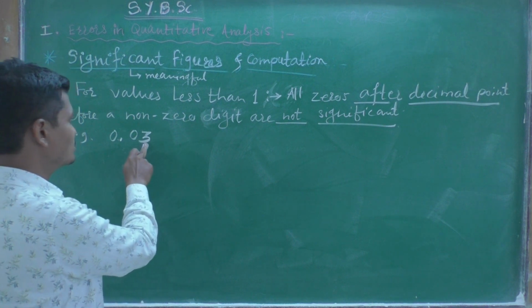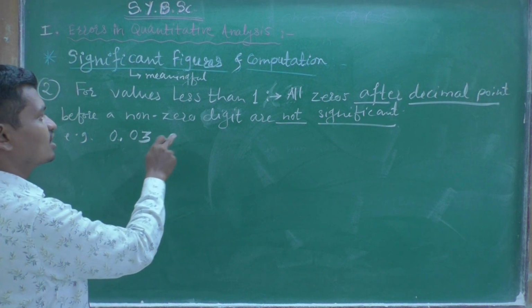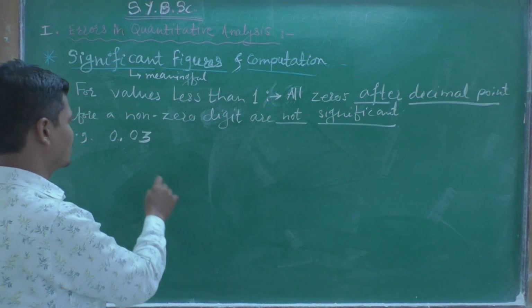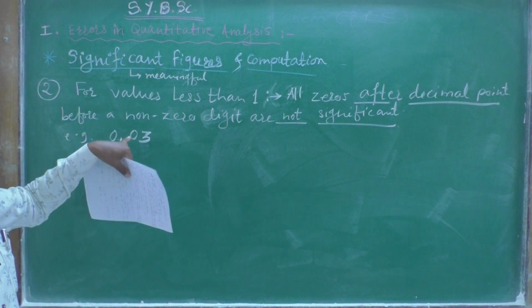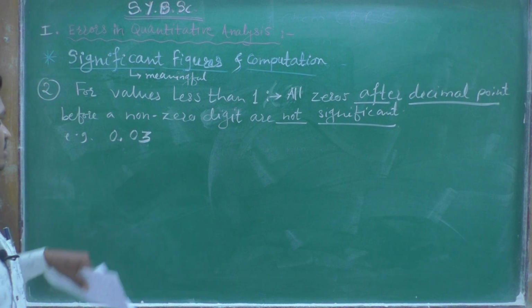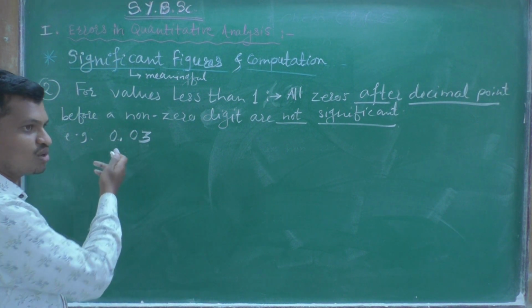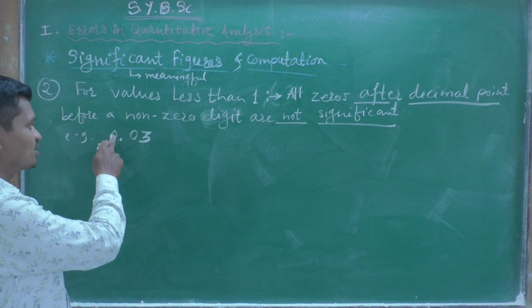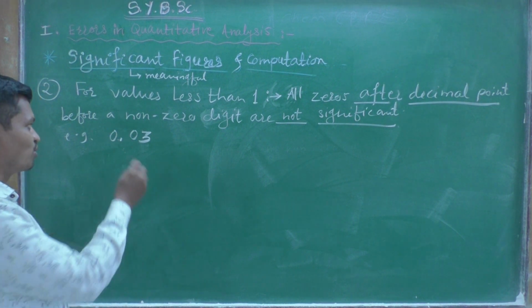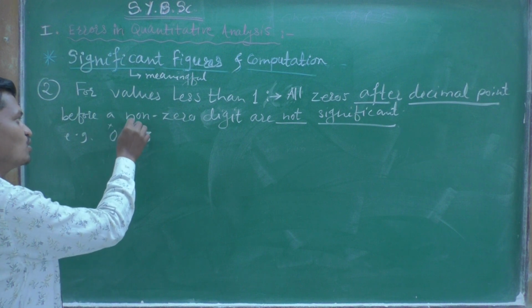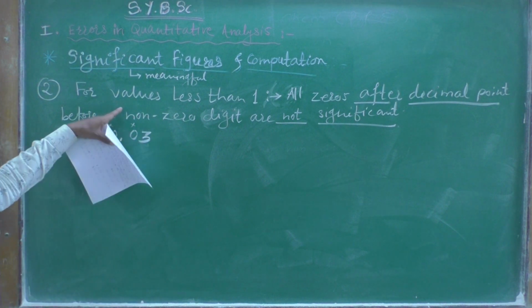So this 0 is not significant. Mind well, we know that the first 0 is not significant because it is used only to express the decimal point, and this 0 is also not significant according to this second rule.